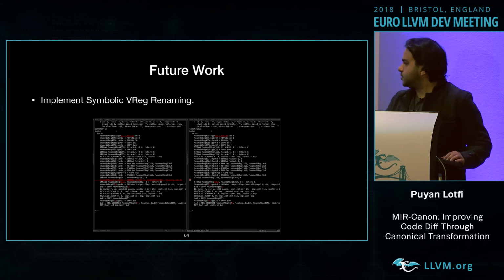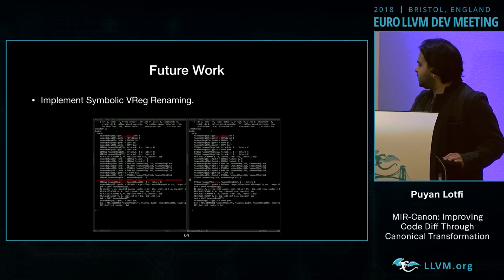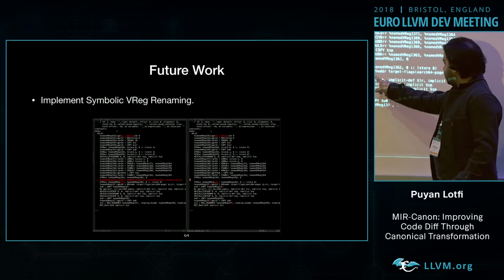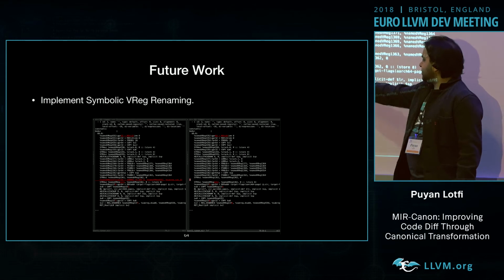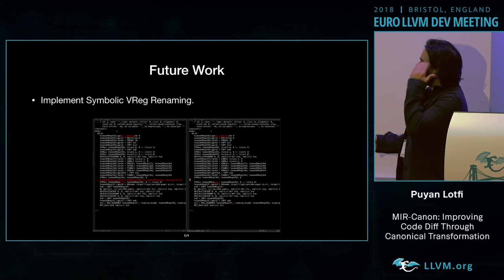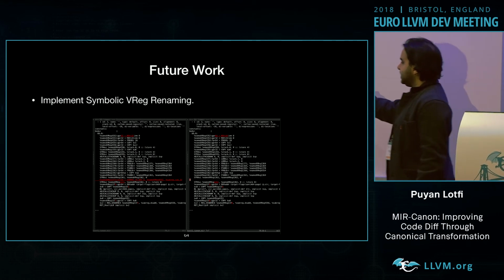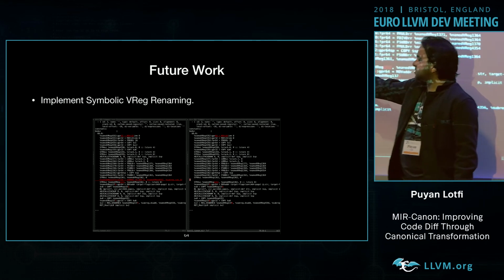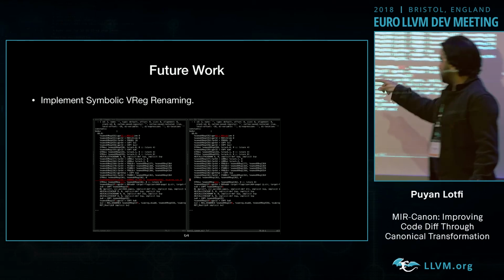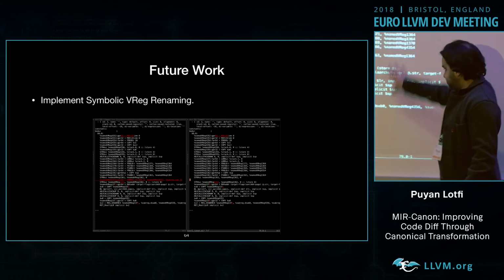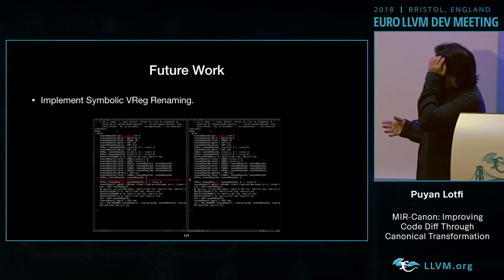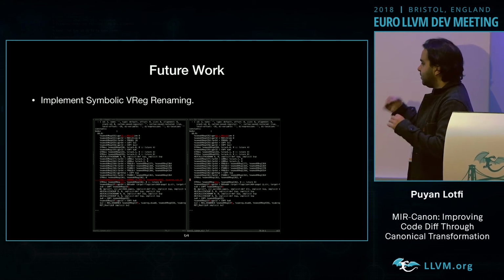Looking at this diff again, other than the main diff, we have some of these off by one VREG differences, and this is because we're using a numbering VREG renaming scheme, and because we have this subreg to reg here, the next VREGs are sort of off by one compared to this side of the diff, and the VREG numbering cursor is not always smart enough to overcome that.